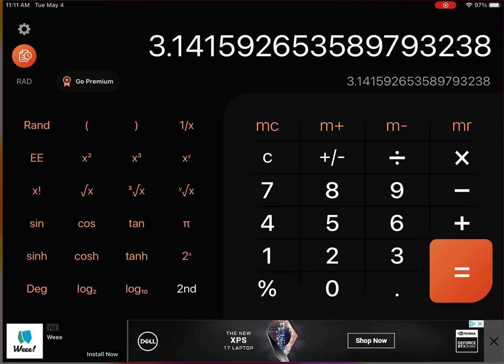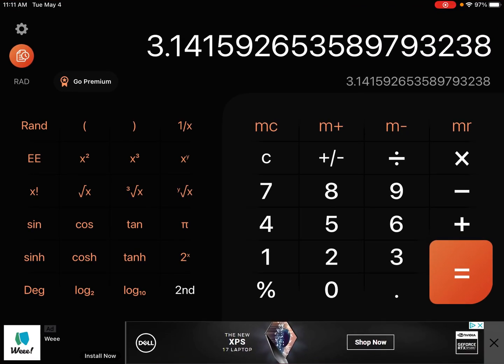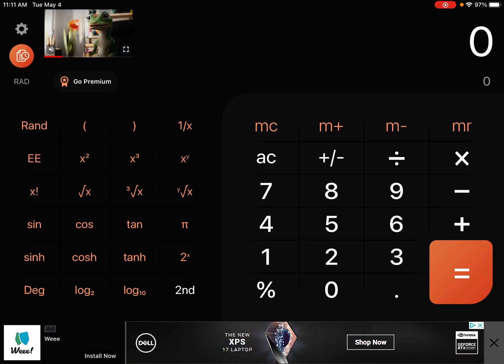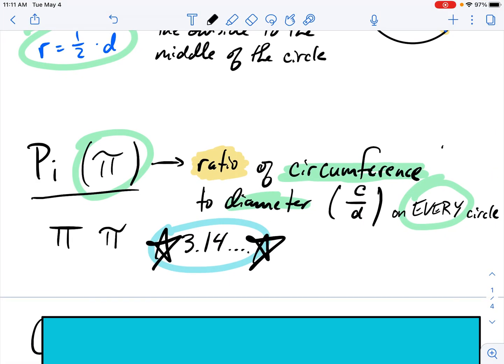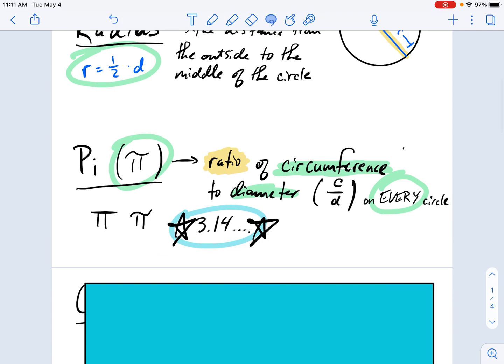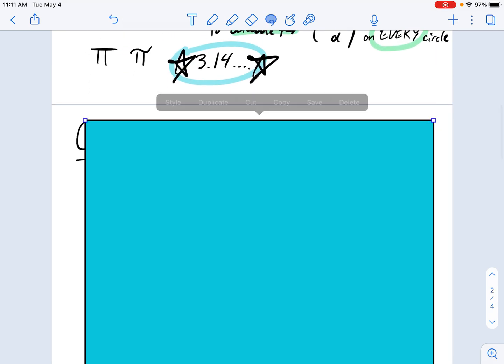And you'll see this is the number 3.14159265, whatever. But if you don't have a pi button on your calculator, just type in 3.14 and that's just fine, okay? So that's the number pi, and now we're going to find out how to use it.